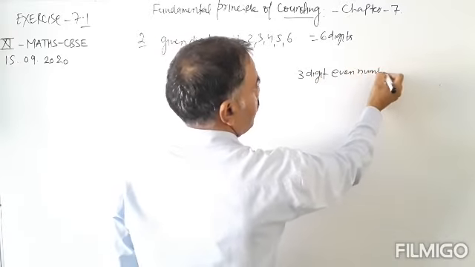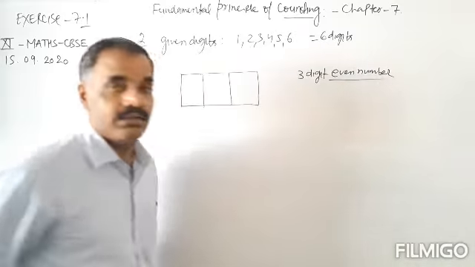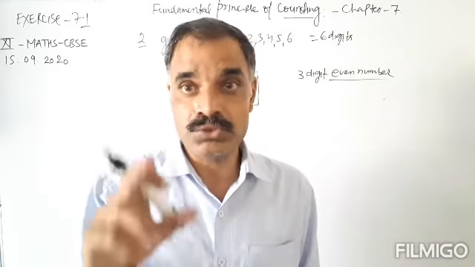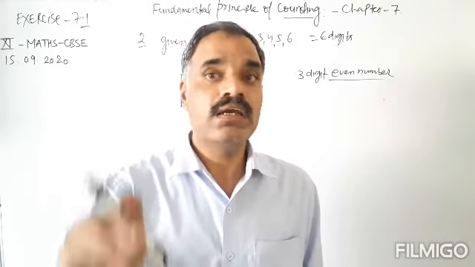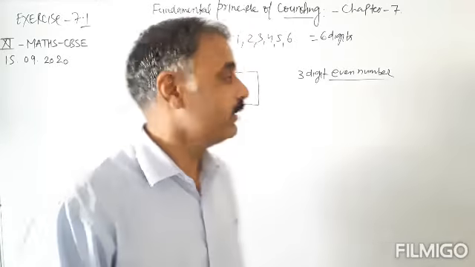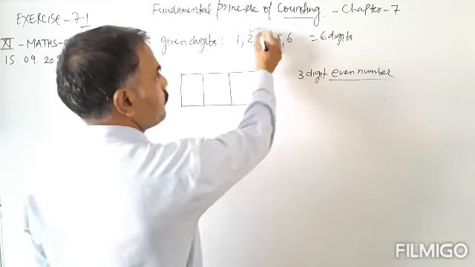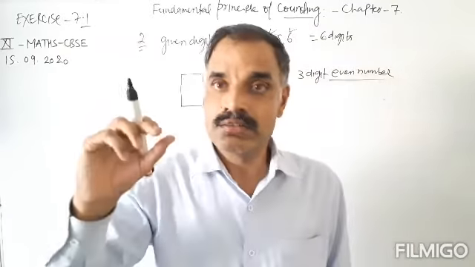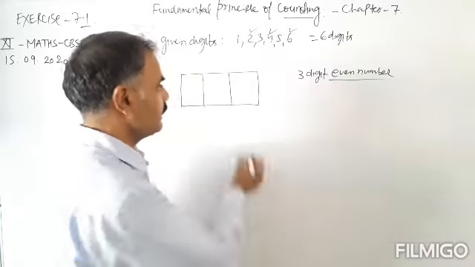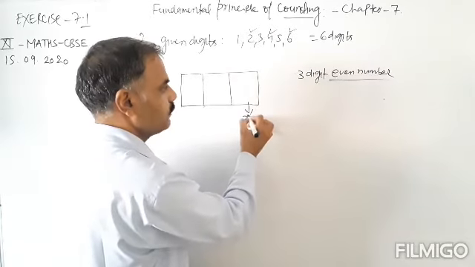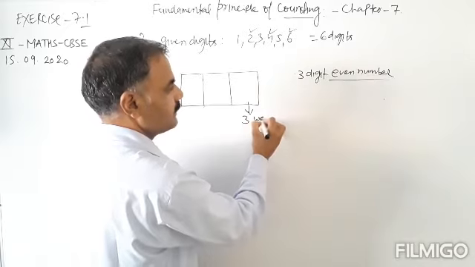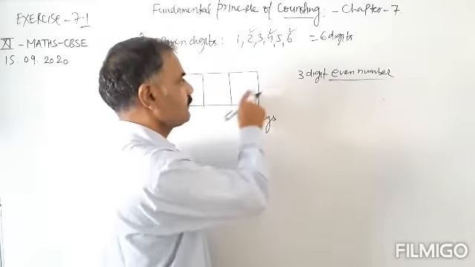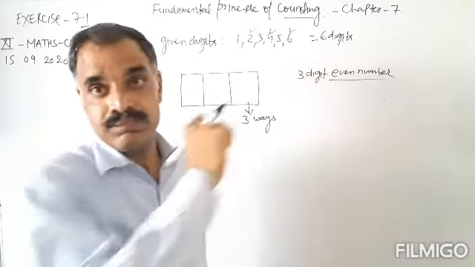Whenever we are talking about an even number, the unit place should be filled only using an even digit. The even digits are 2 4 and 6. How many even digits are there? 3 even digits are there. That is why the unit place can be filled using 3 digits, that is 3 ways.